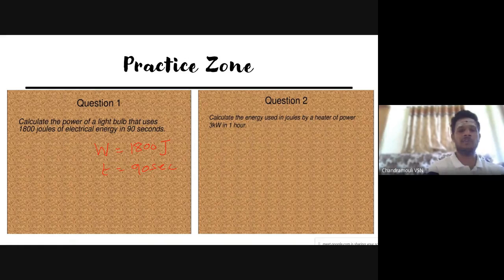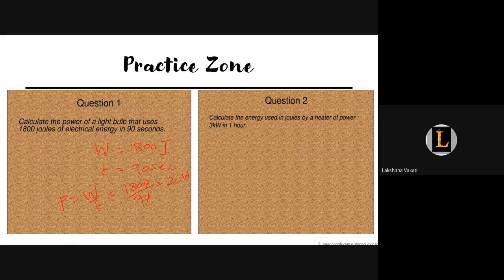So what is the formula for power, beta? Power, rate of doing work. Work by time. So substitution please. So 20 W. 20 watts.